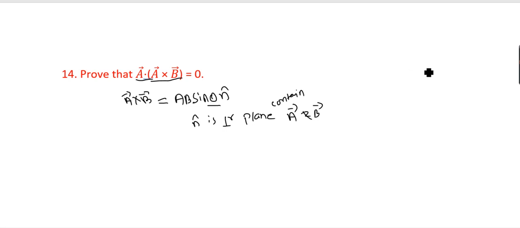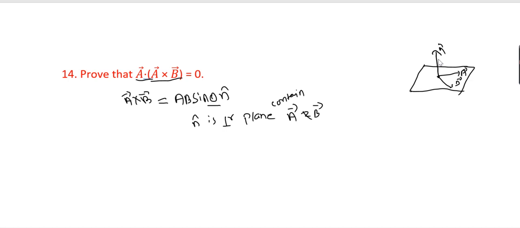Like this, if I draw in a picture, let this be a plane, where this is A vector and this is B vector, and so n vector is perpendicular to it, meaning above the plane.